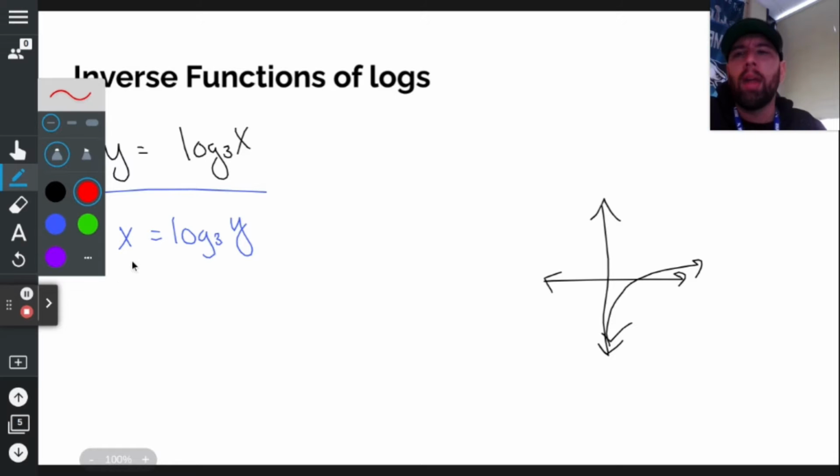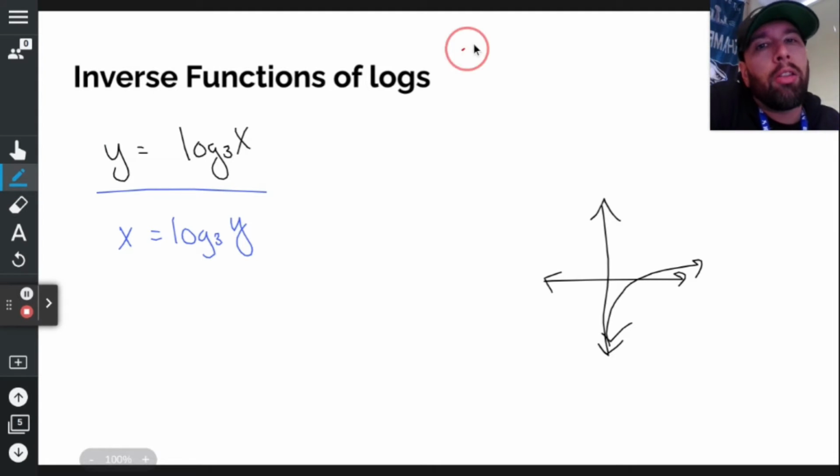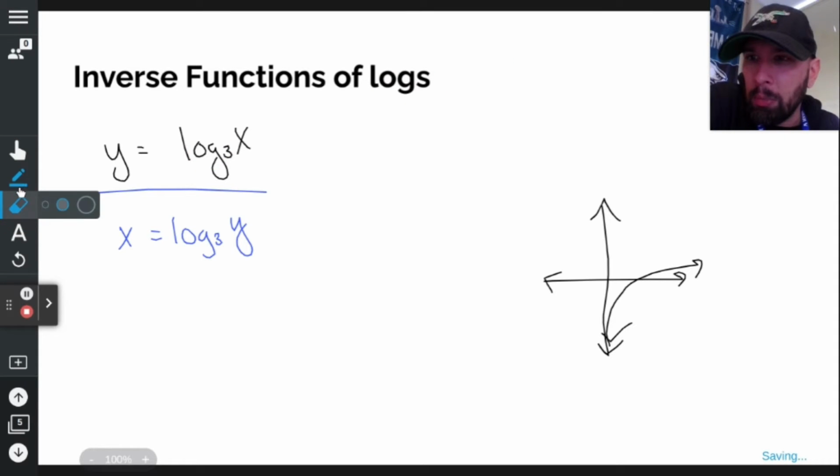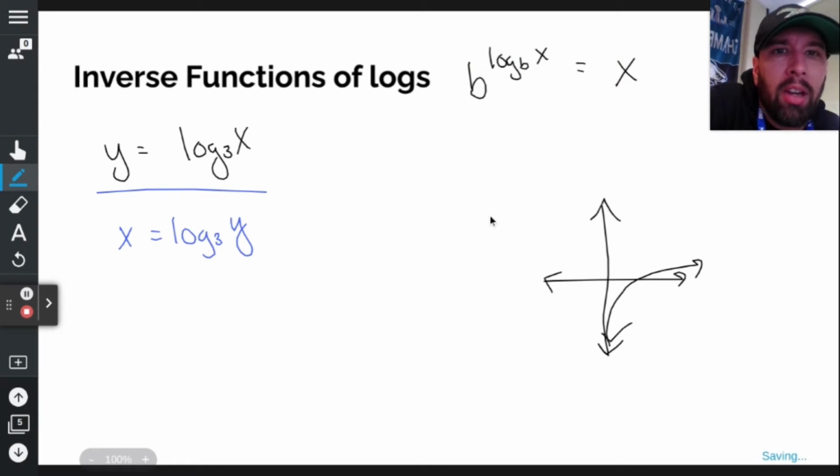I know that sounds weird, but there's a rule; let's use b in general. B to the log base b of x cancels these guys out and leaves you with just x.